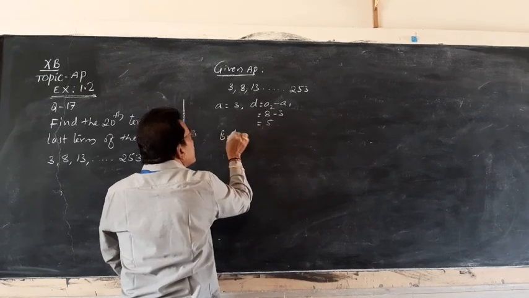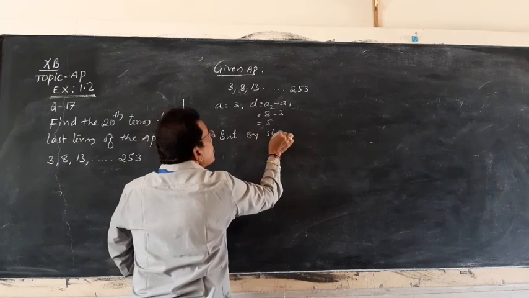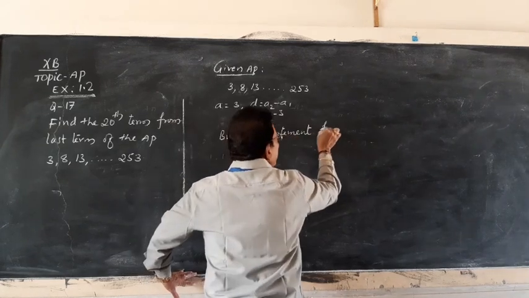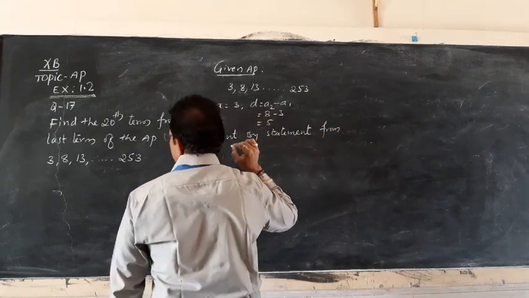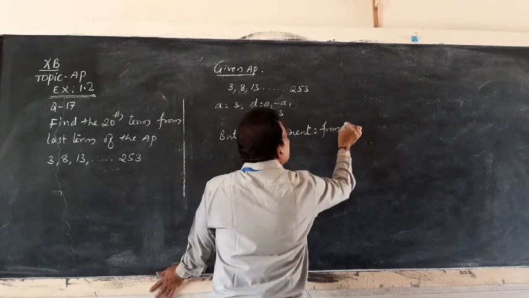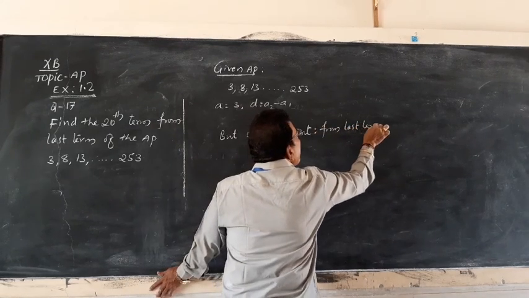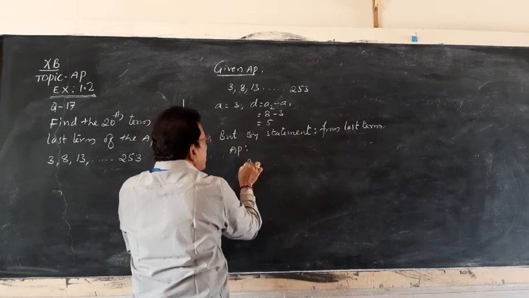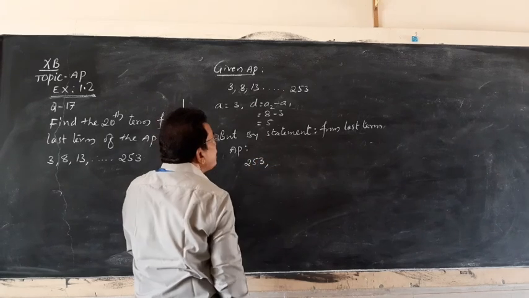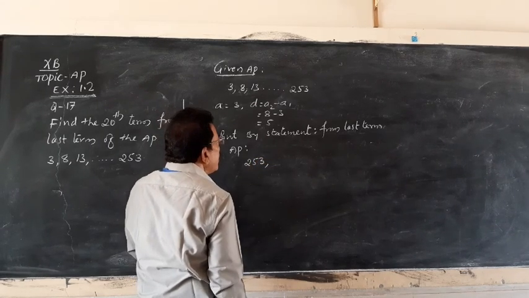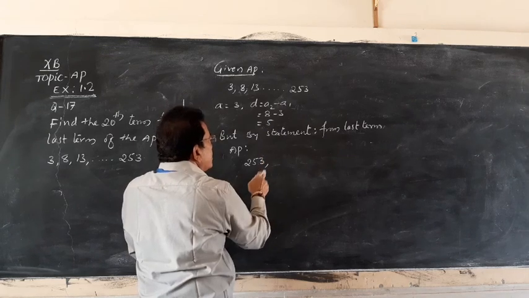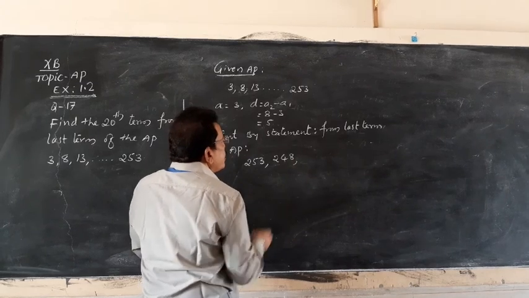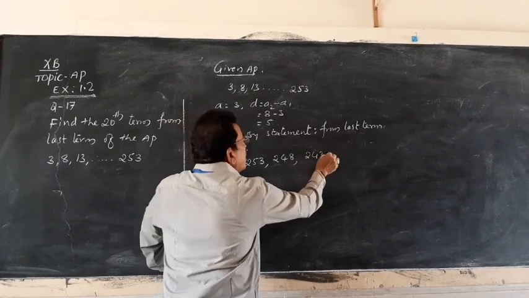But by the statement, from the last term, the AP becomes 253, then minus 5 gives 248, minus 5 gives 243, like that.